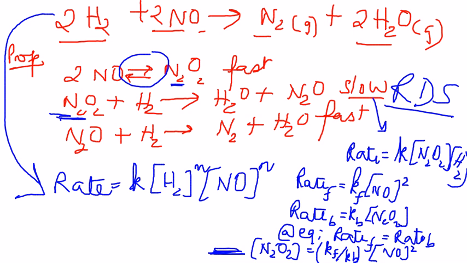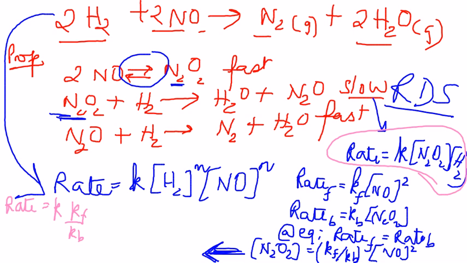So plugging this value back into the rate law expression that was given earlier, you will get rate is going to be equal to K times Kf divided by Kb times NO square of that, and you have H2.